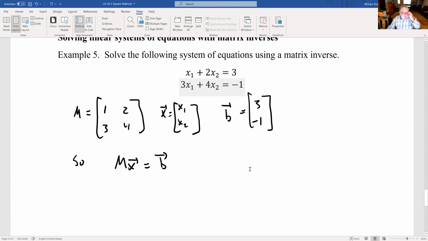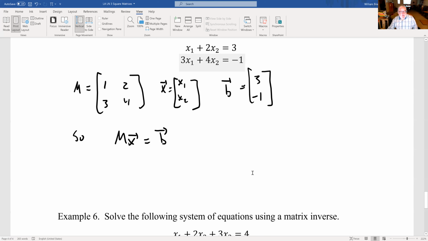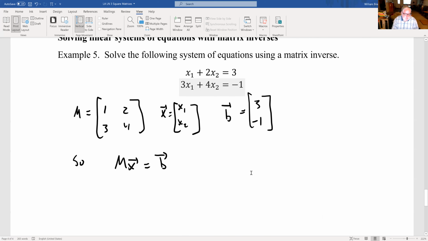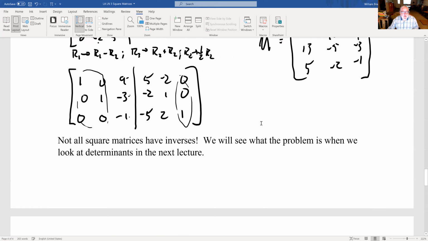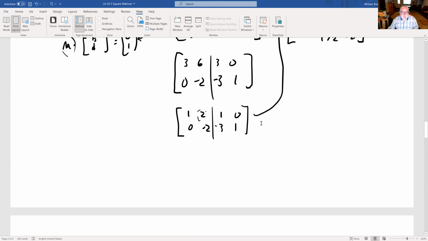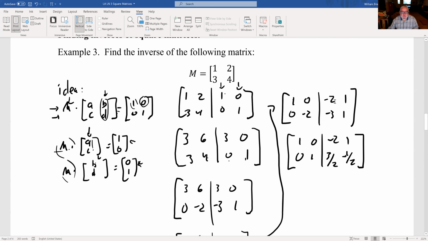Right, and so it looks like a nice linear equation, right? How do you find the solution to this? Well, we know that M inverse, we actually calculated that way up here. It's this matrix.